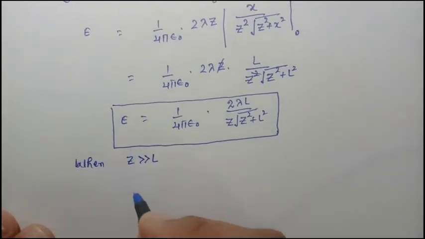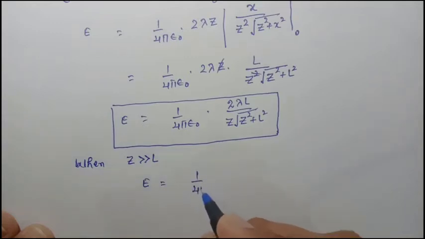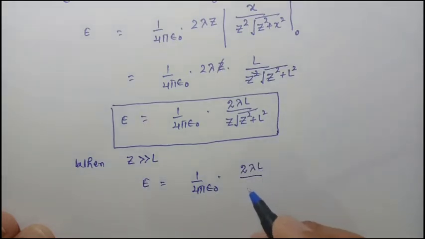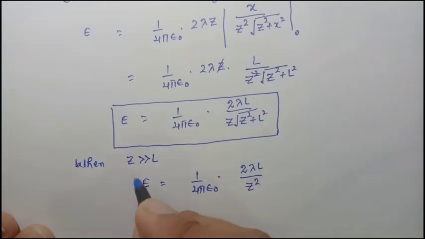So we can write E equals 1 over 4 pi epsilon naught into 2 lambda L over, when we ignore this, z square.